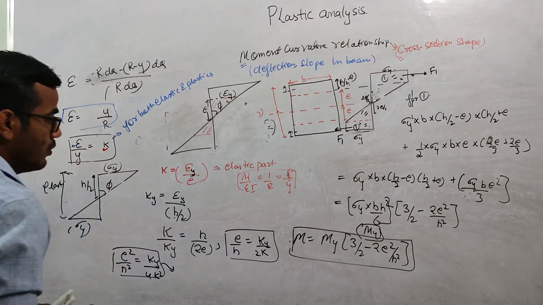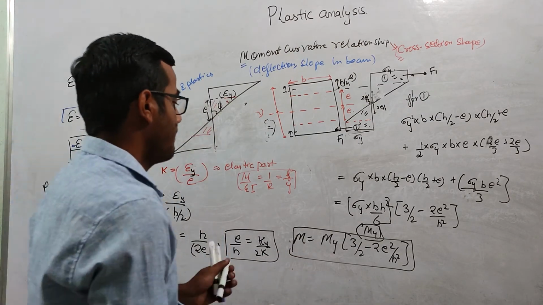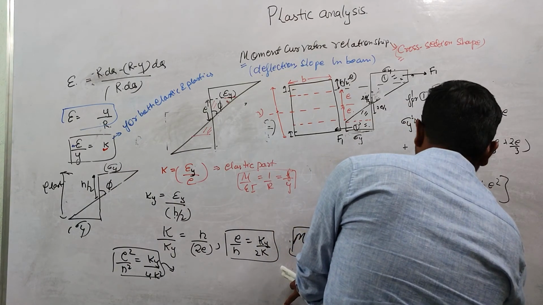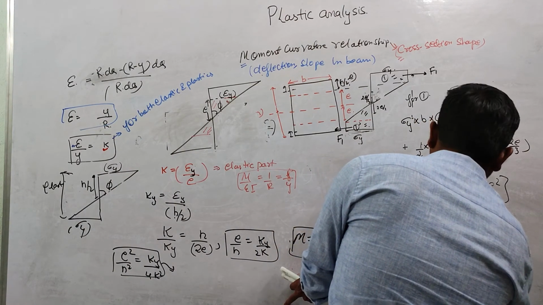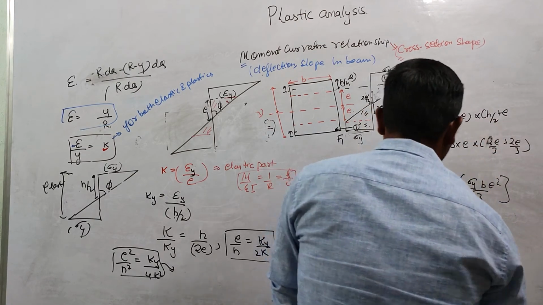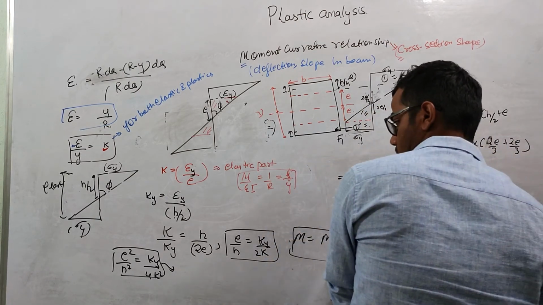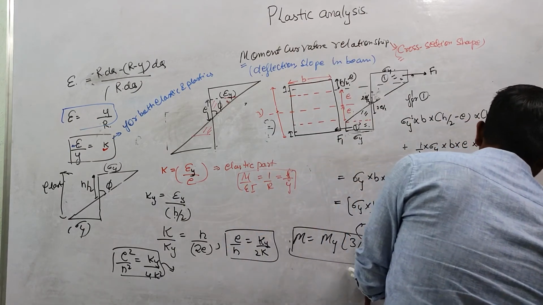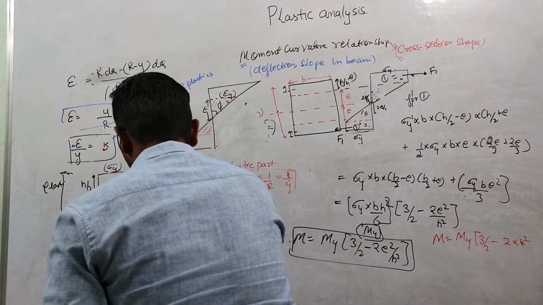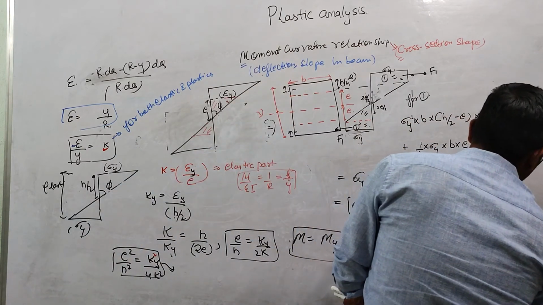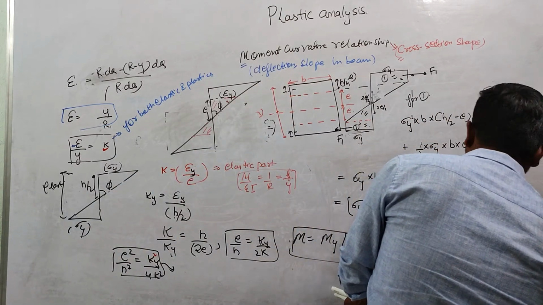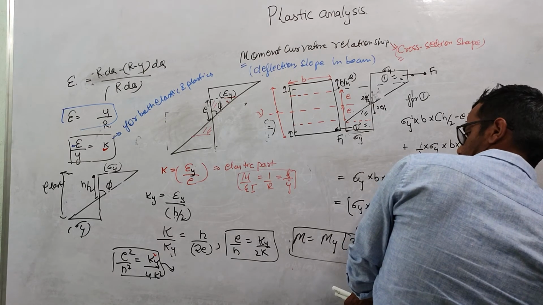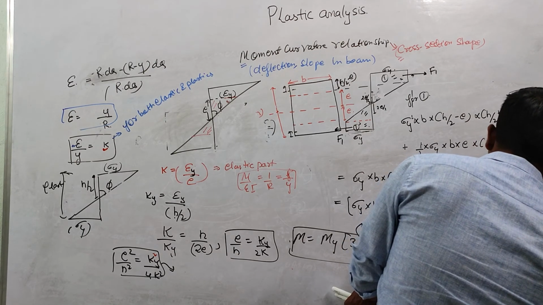Okay, so you get the relation m equals to my 3 by 2 minus of 2 into e square h square, which is nothing but k square, and this is nothing but 4k square.